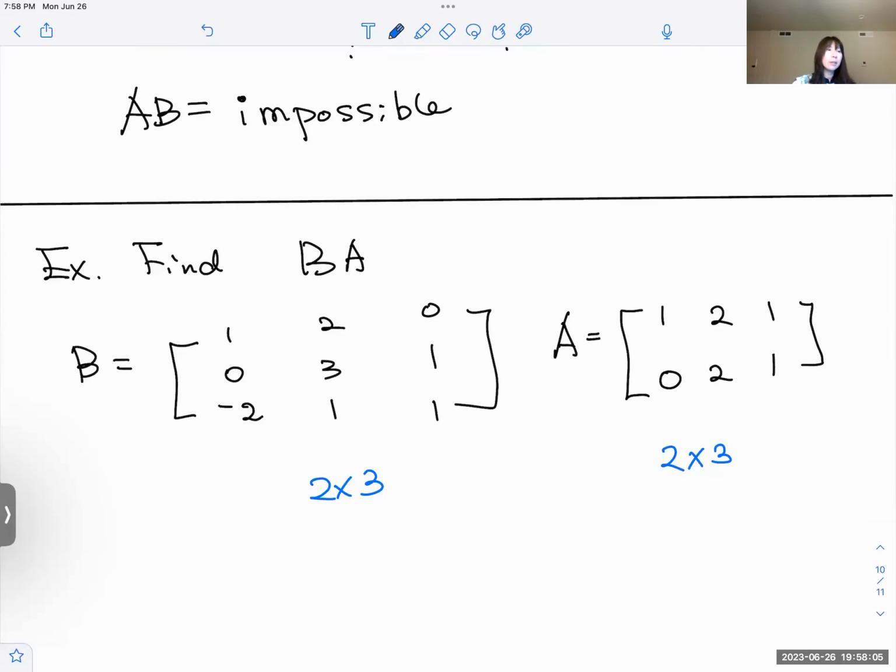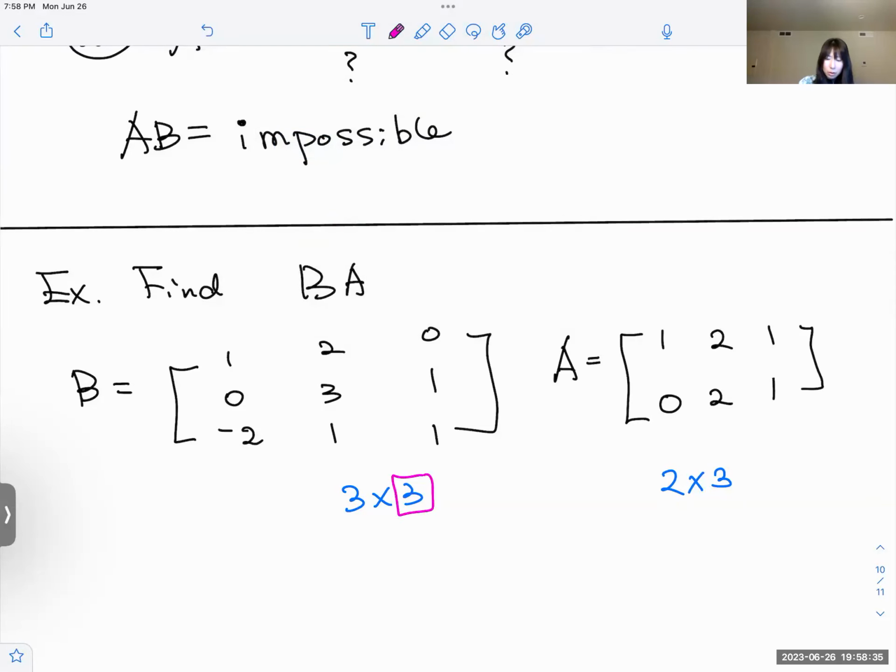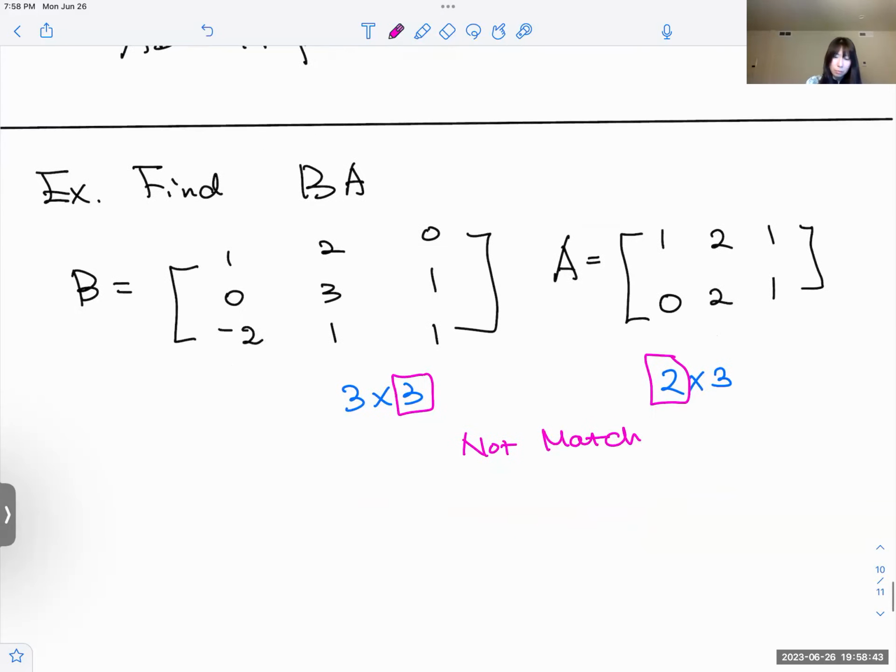Can you multiply? Wait, I think I wrote that down wrong. Yeah, I made a mistake, correct. It is 3 by 3 and 2 by 3. I don't think we can multiply those, right? We cannot multiply because the inner sizes must be matched, and the size is not matched. So we cannot multiply.